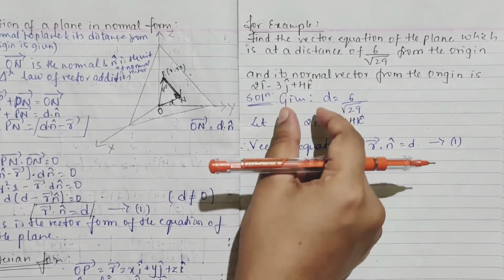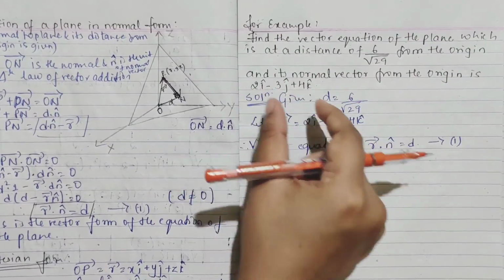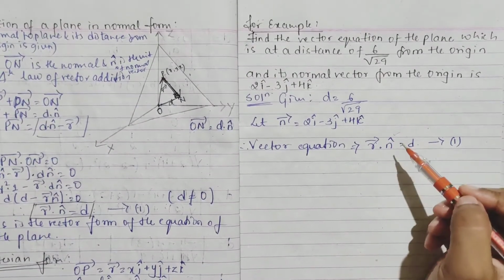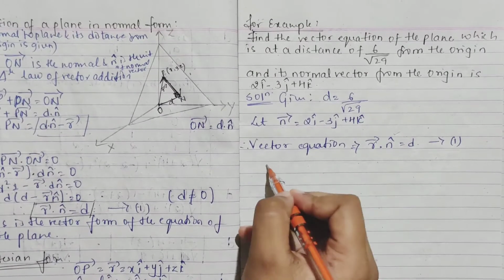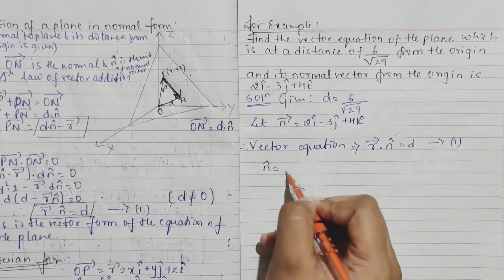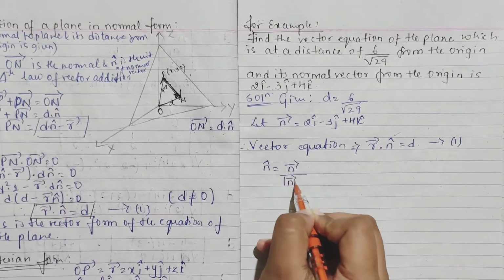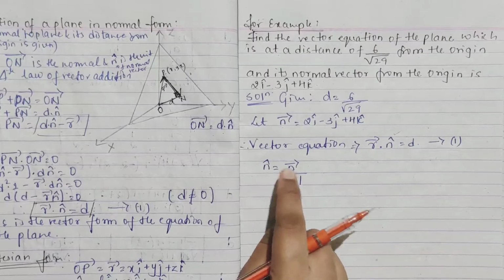So here they have just given the normal vector. Now we have to find the unit vector n cap. How is it found? You have to divide the normal vector by the modulus of vector n. So the normal vector divided by its modulus gives n cap.